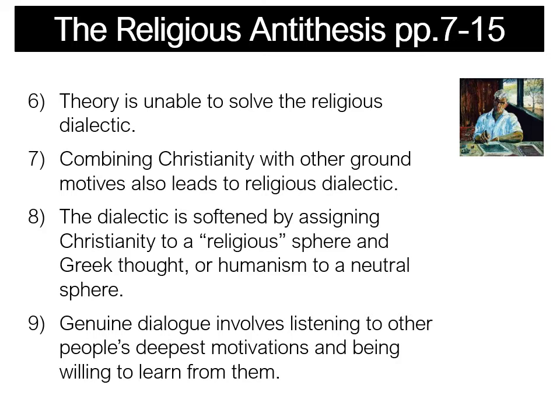One common way in which Christianity is combined with either Greek thought or humanism, and in a way that tries to reduce the tension created, is to separate off Christianity and assign it a particular religious sphere where Christianity takes the lead, and then allow either Greek thought or humanism to take the lead in some neutral or natural sphere. And so that's an important idea, this idea of a natural sphere and a kind of supernatural sphere of religion.